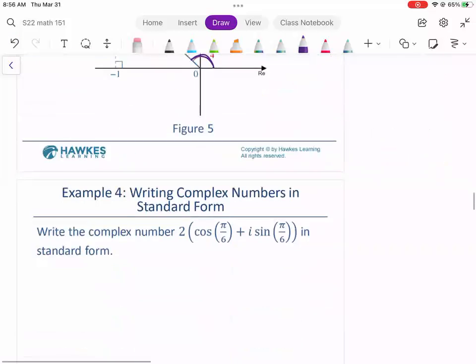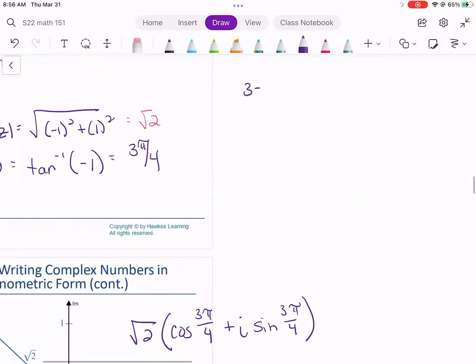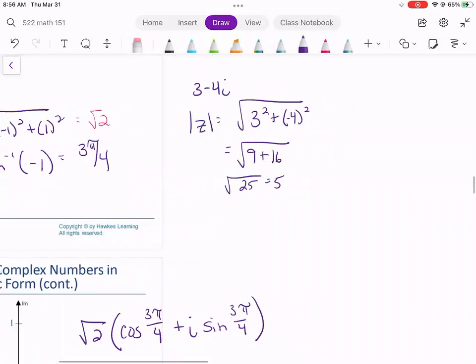If we look at our second example, where we have 3 minus 4i, again, we want to find the magnitude. The magnitude of z is going to be the square root of 3 squared plus (-4) squared, which is going to give us the square root of 9 plus 16, or the square root of 25, which is 5. And we can write our complex number as 5 times the cosine of our argument plus i times the sine of our argument.